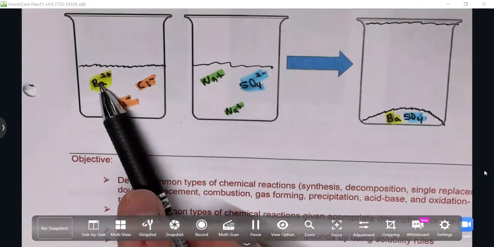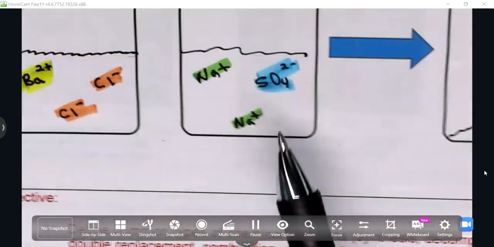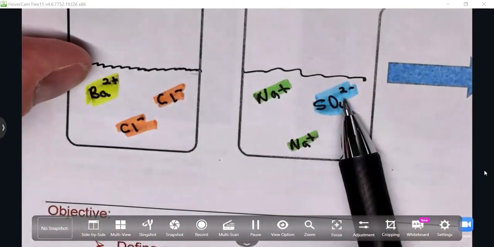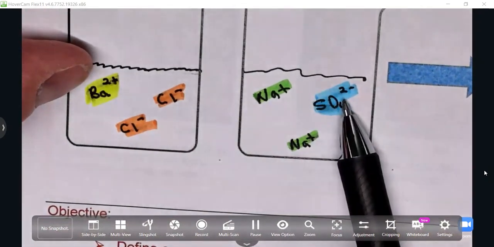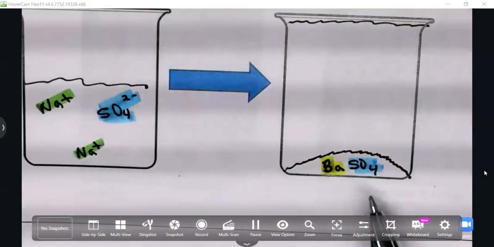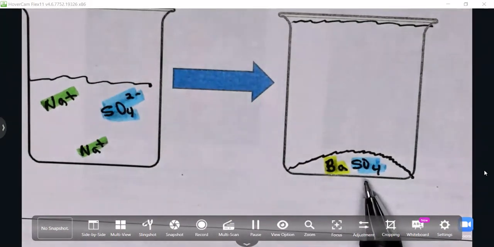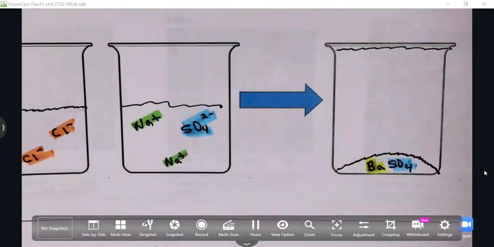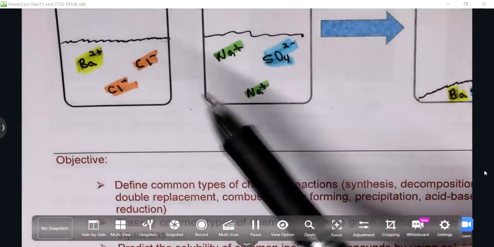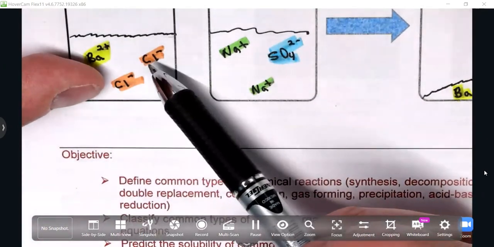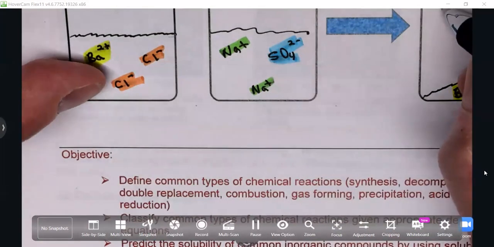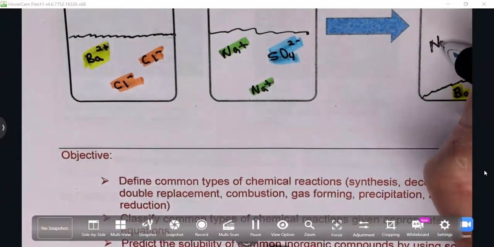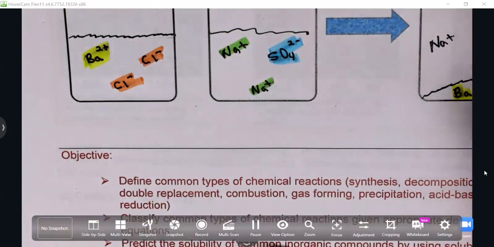Right? This barium here is going to get together with this sulfate here. Water cannot keep them split apart. We are going to get a solid. The rest are still in solution. So what is still floating around in this solution that do not hook up is Na plus and Cl minus.